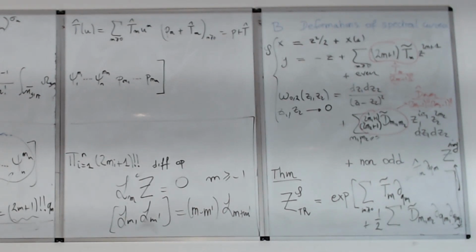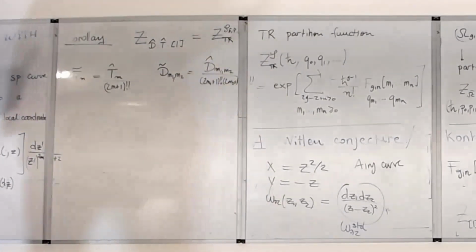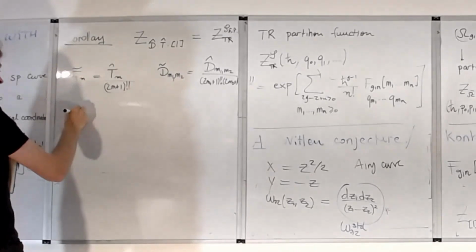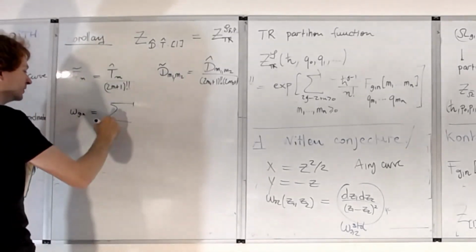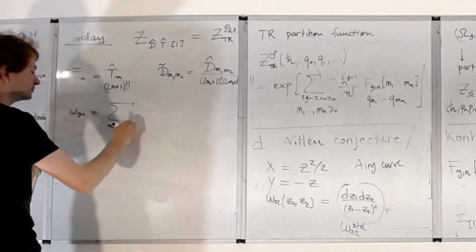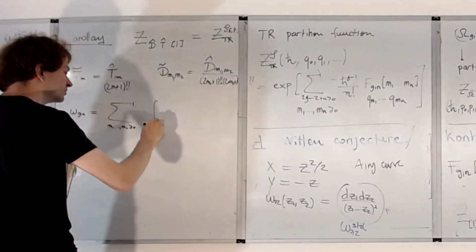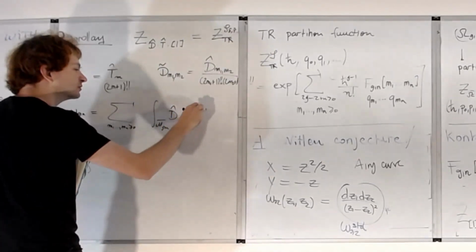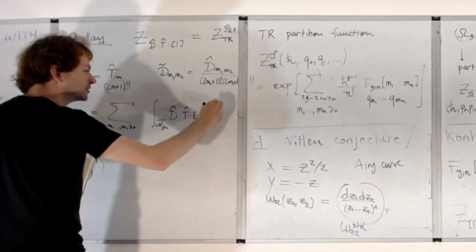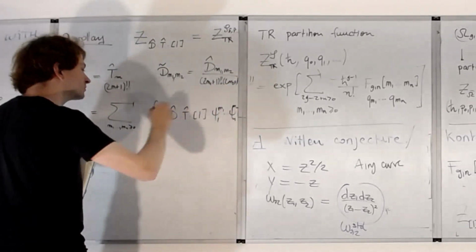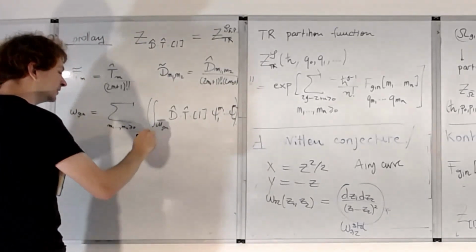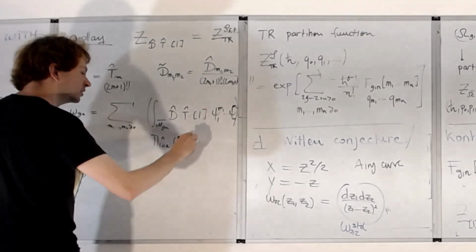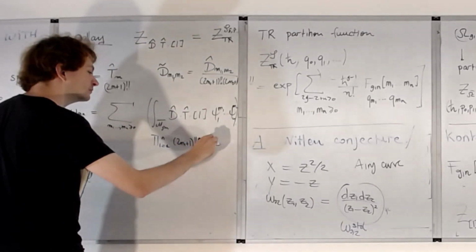Okay. And so then I can rewrite this a bit differently if I want: the omega g,n are going to be the sum of these integrals, the class, times psi classes, and then this (2mi plus 1) double factorial eta mi, zi.